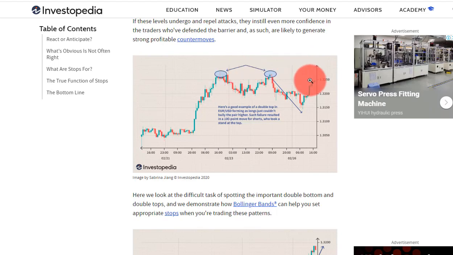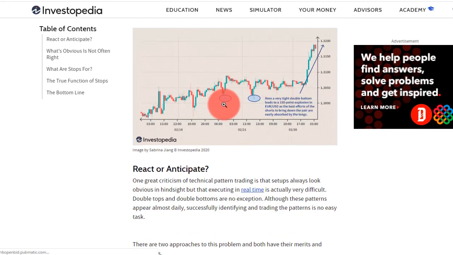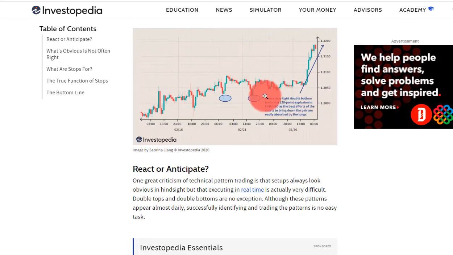You have one main high, then another high, and then the price goes down. Vice versa, here you have a double bottom, another bottom at the bottom, and this leads to the price going up. You see this quite a lot in the market.